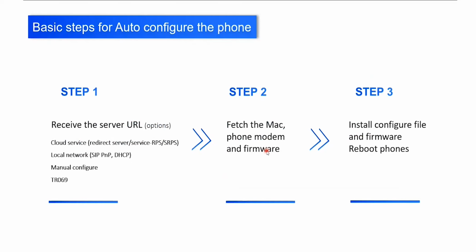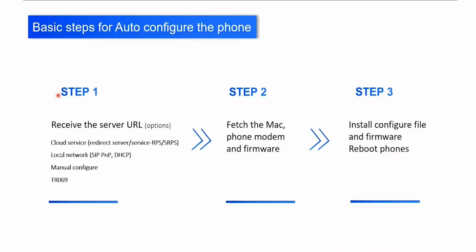If you want to use auto provisioning configuration, you must go through three steps. The first step is to retrieve the SIP server. The second step is to fetch the MAC address, phone model, or firmware. In step 3, your phone has to install the configuration file and firmware, and reboot the phone.